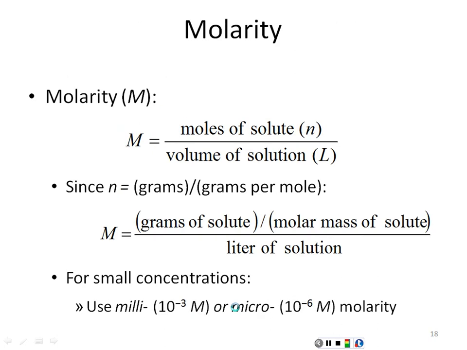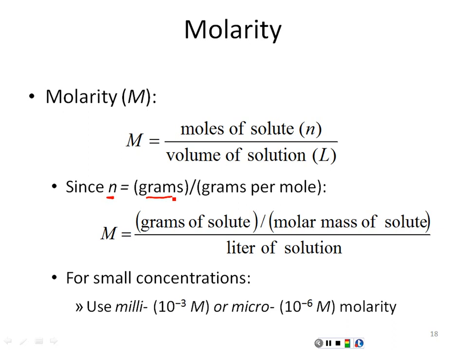The unit we're going to be concerned with is molarity, and that's moles of solute divided by the volume of solution. And we can write the number of moles here as a lowercase n. And how do you calculate the number of moles?